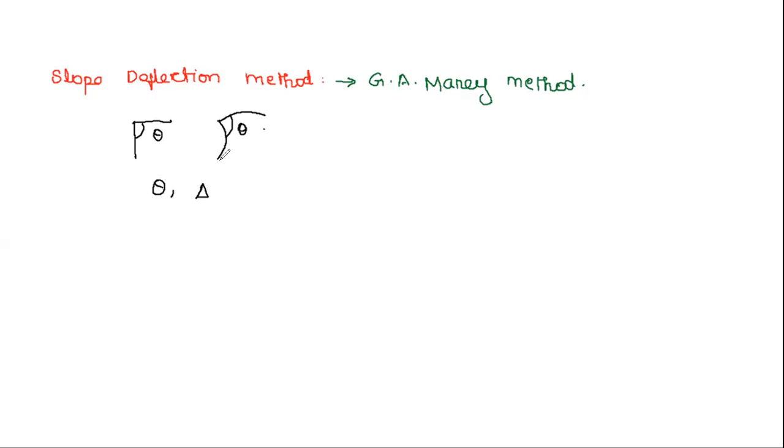From a competitive exam point of view, we will be given a frame or a continuous beam, and we will be asked to find the slope deflection equation for joint B, for joint C. So you may have questions like this. Let us see how a slope deflection equation is formed.